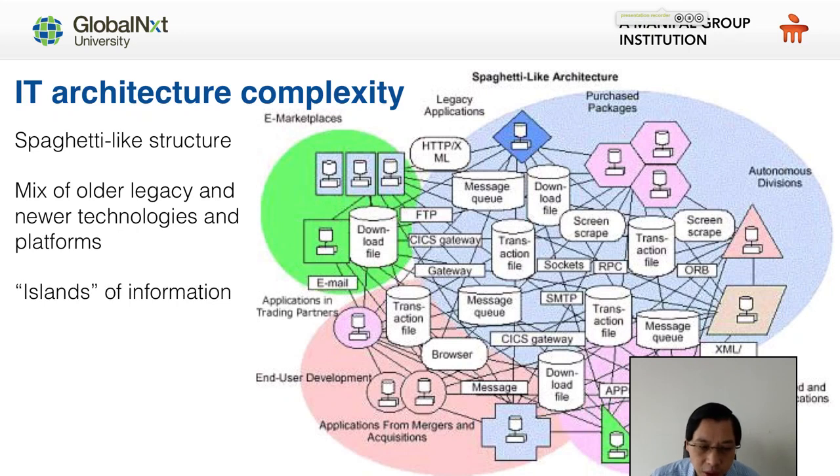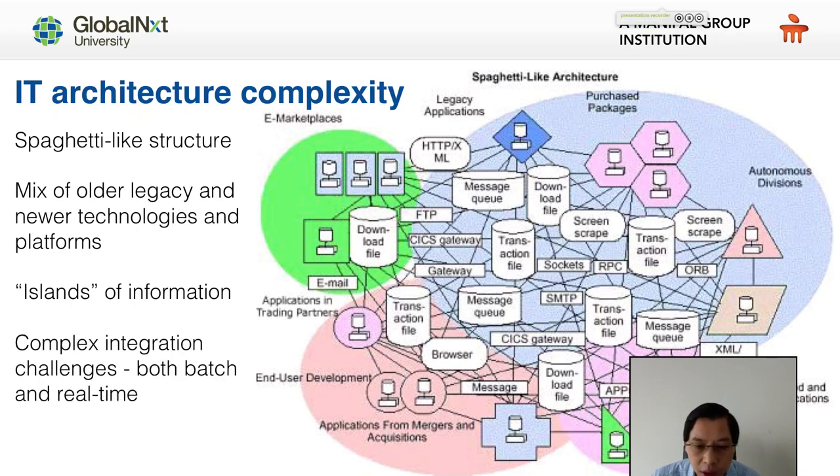There's also the concept of islands of information. So many applications weren't designed to be integrated. They were designed many years ago, and it's actually difficult to extract information from that. So you have a lot of systems that don't talk to each other, that really operate as islands. And obviously, there are challenges of trying to integrate all these applications together.